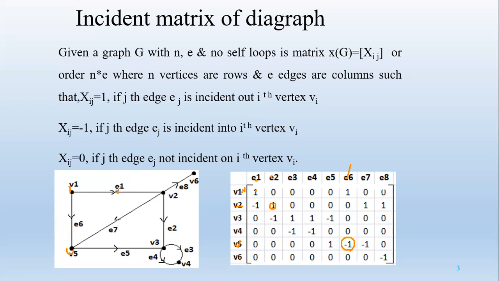See, V2 and E1 are incident with inside direction. Therefore, we can write -1 here. This is called the incidence matrix.